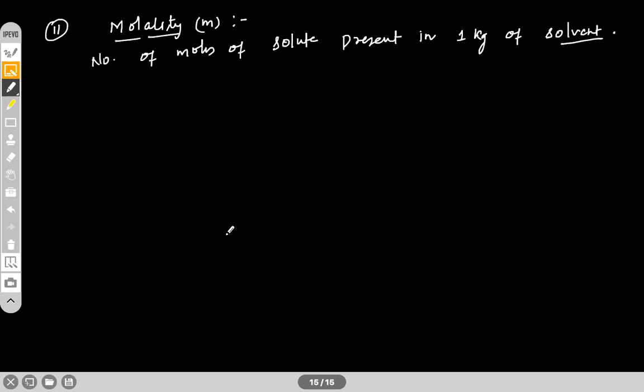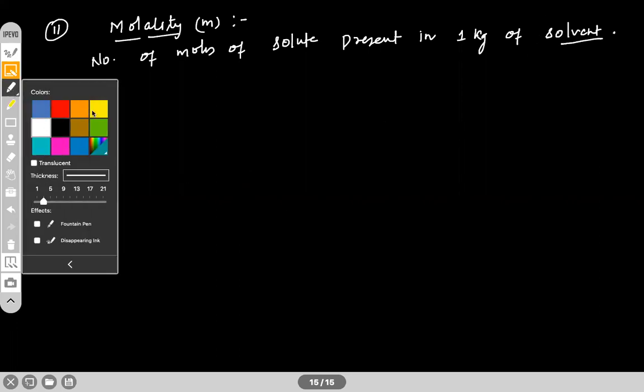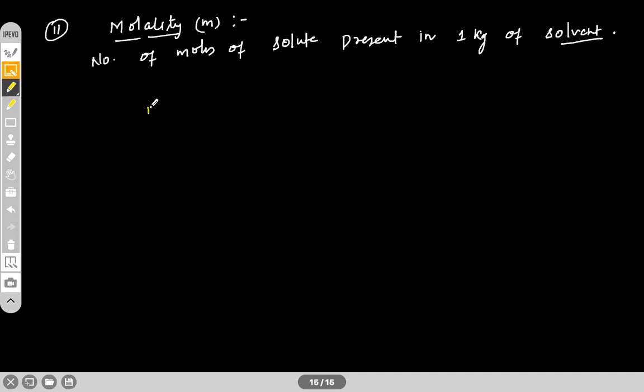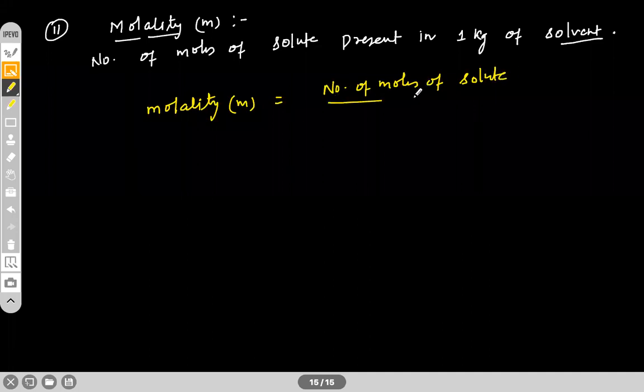1 kg of solvent. So if I write down the relation here, molality represented by small m equals the number of moles of solute. In the numerator, we always have solute. Divided by mass of solvent in kg.